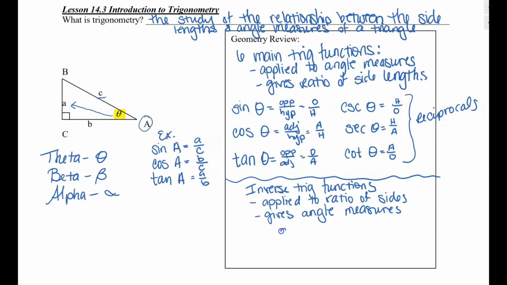So it'll look like this. The inverse of sine of the opposite over the hypotenuse will give us theta. Inverse cosine is applied to adjacent over hypotenuse, and that gives us theta, or the inverse tangent. Again, it's applied to the sides.